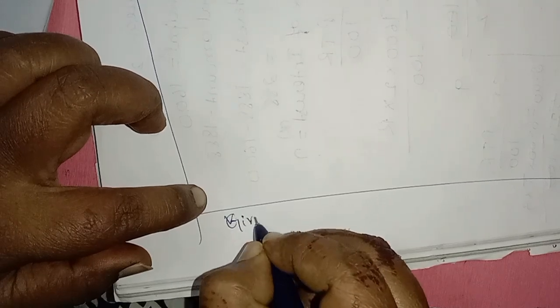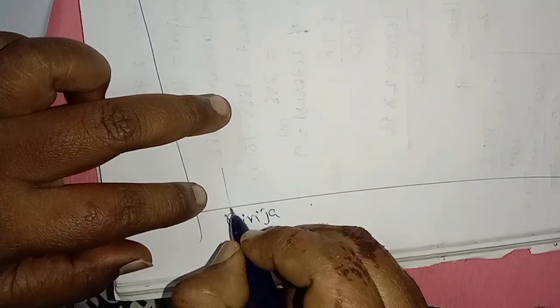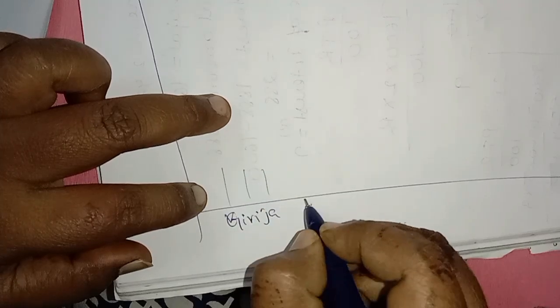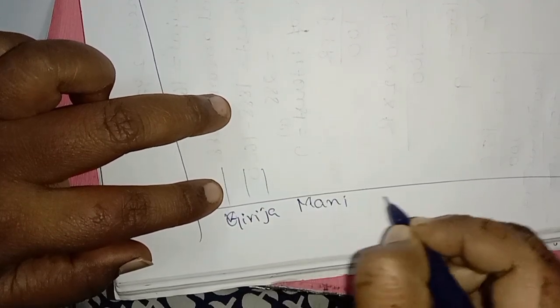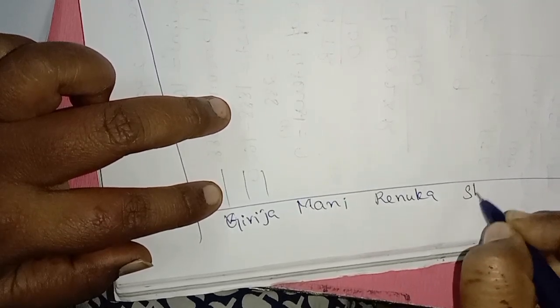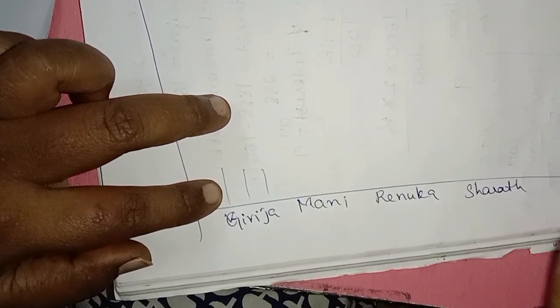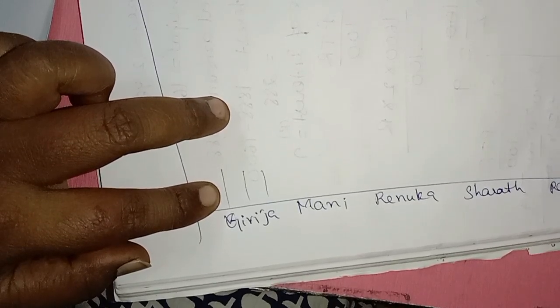Now you write the names here: Girija, Money. Here you will get two bars like this, two lines, then leave one line. Then Renuka, Sharath, Raman, and last Venkatesh.